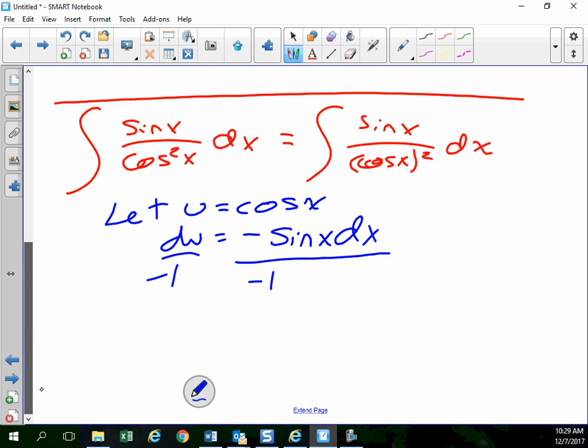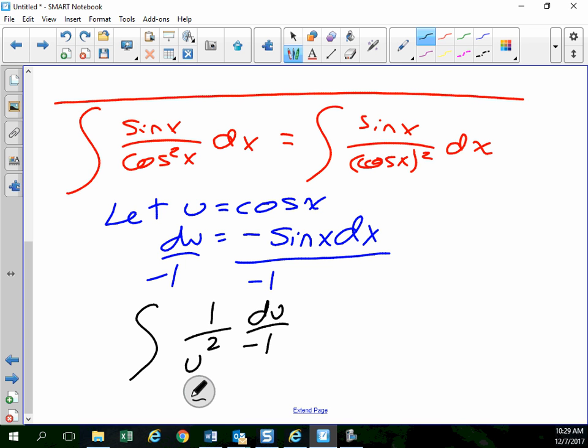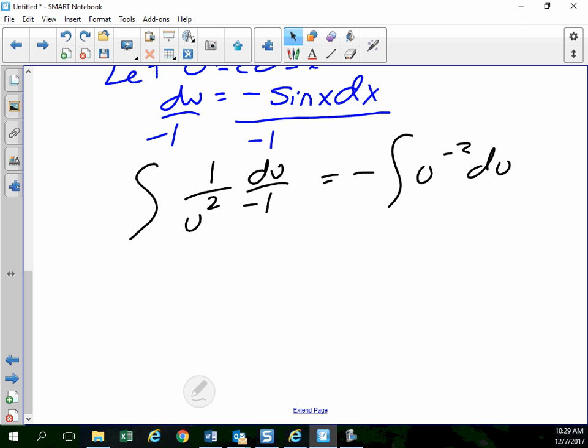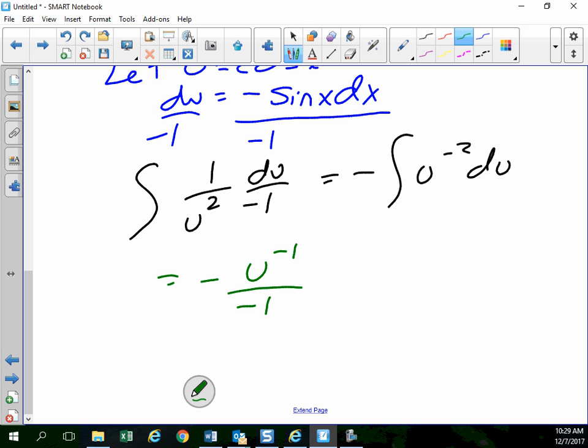Negative. So that would give me the integration of 1 over u squared du over negative 1, or negative the integration of u to the negative 2 du. Can you integrate this? Yes. What's the integration of u to the negative 2? What happens to those negative signs? Cancel out.